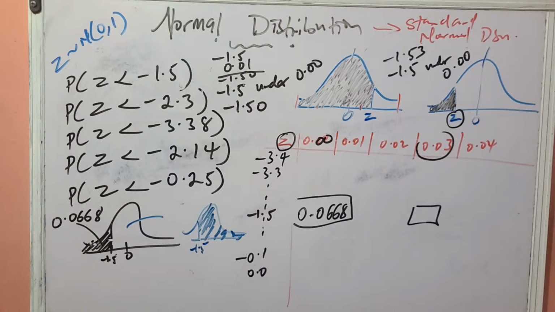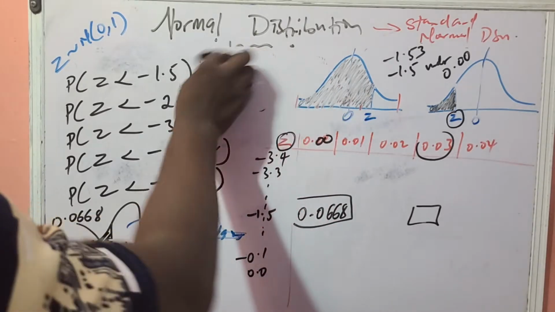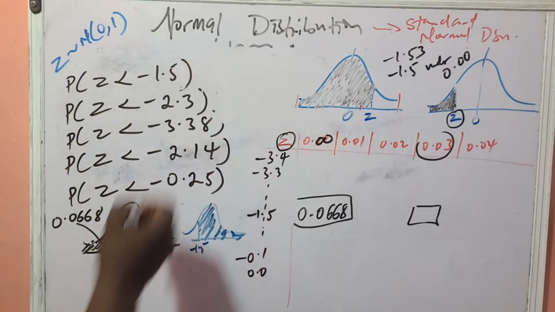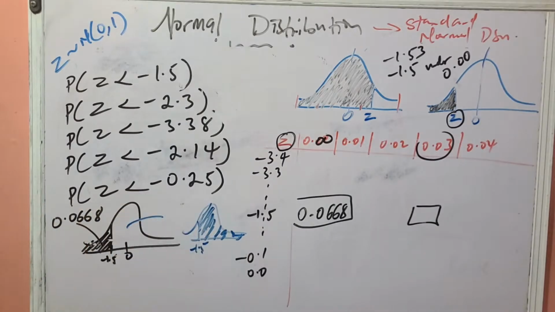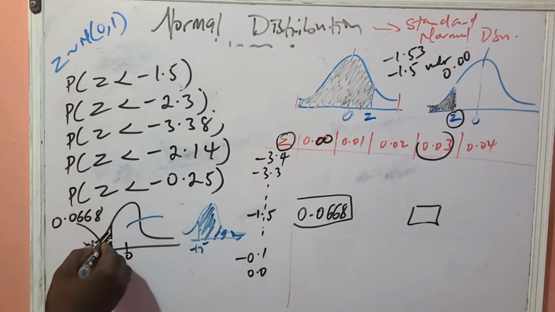So it's very simple. So the meaning of this now, the interpretation of this now, if you are asked to find the probability of Z less than minus 1.5, you go on to draw your curve. You identify the inequality. You know that this is where less than was.